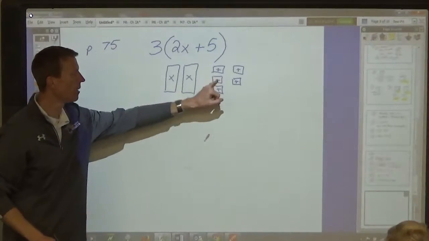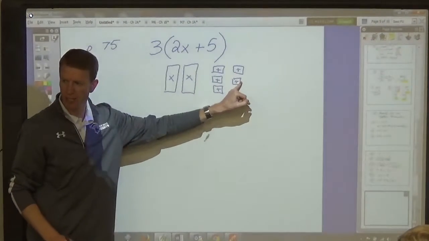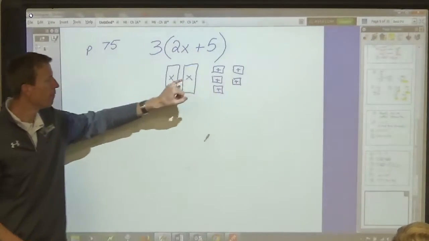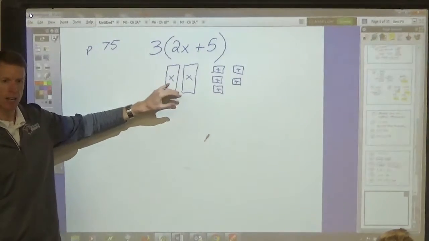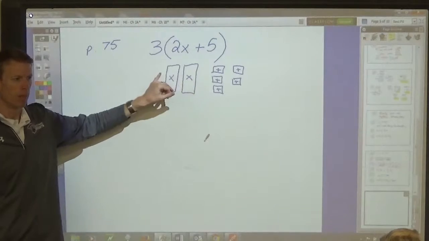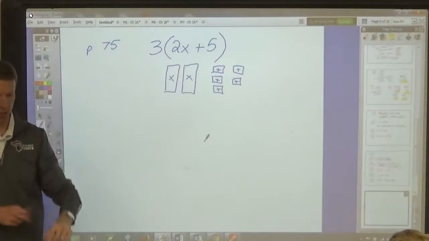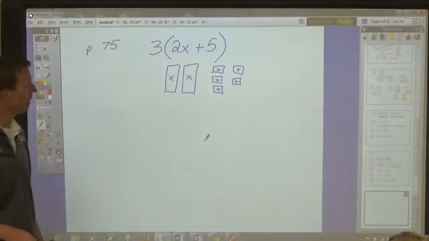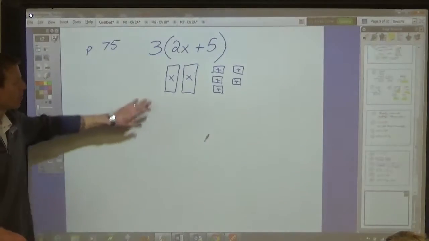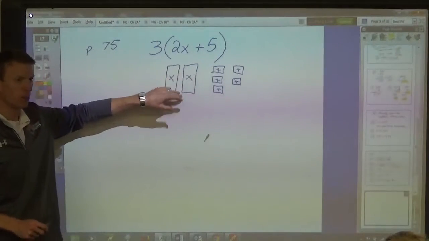Okay? These are all positives, so I put plus signs in them. And if you're asked to draw a model, this is how I want you to draw an algebra tile model of this. Okay? Now, what they're doing with this model is multiplying it by 3.